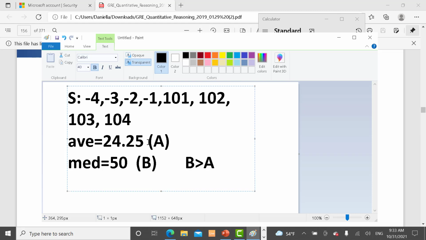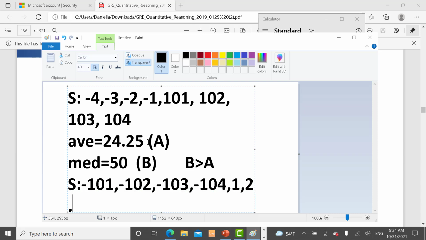Now let's try a different set. This time I'm going to make really big negative numbers: -101, -102, -103, -104, with some positive numbers, let's say 1, 2, 3, and 4. However, remember I have to rearrange this in ascending order.